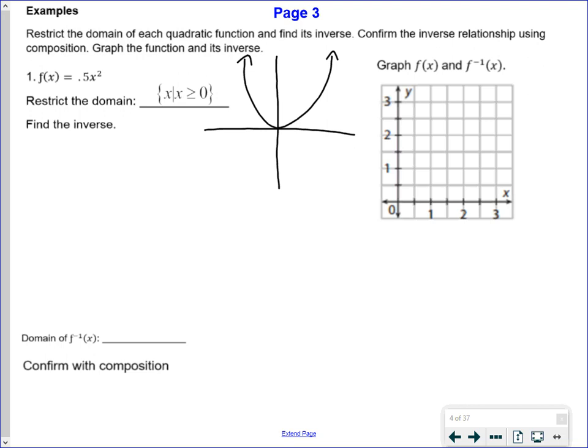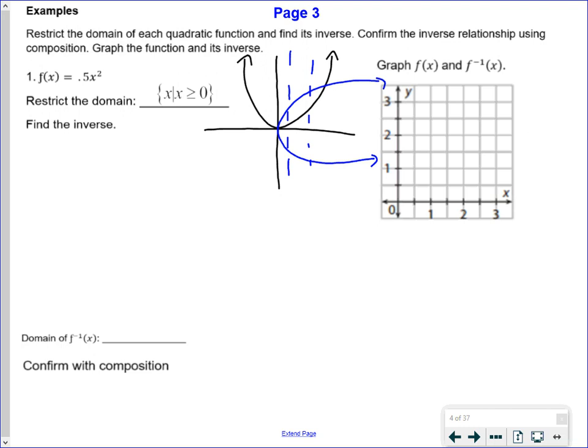So the inverse of this function f of x is going to be like that. We switch the x's and the y's. Okay? So when you flip the x's and the y's, this new function right here in blue is not a function anymore. You see that we have multiple y values for one x.